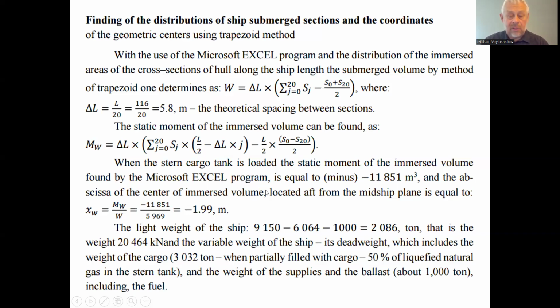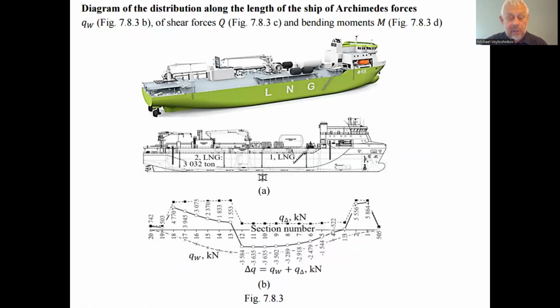When the stern cargo tank is lowered, the static moment of the immersed volume found by the Microsoft Excel program is equal to minus 115.1. So this is the magnitude of the static moment, and the abscissa of the center of the immersed volume, located aft from the midship plane, is equal to minus this static moment divided by the displacement of the ship, with no cargo in the middle capacity.